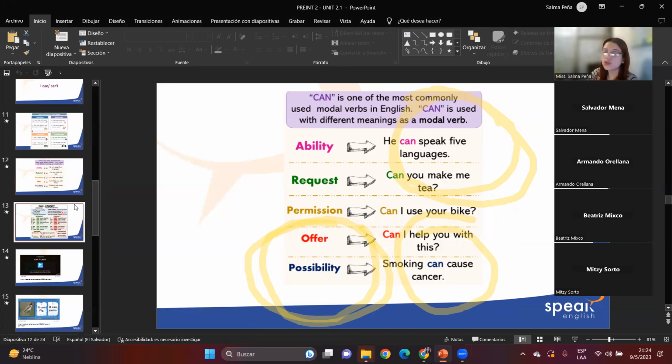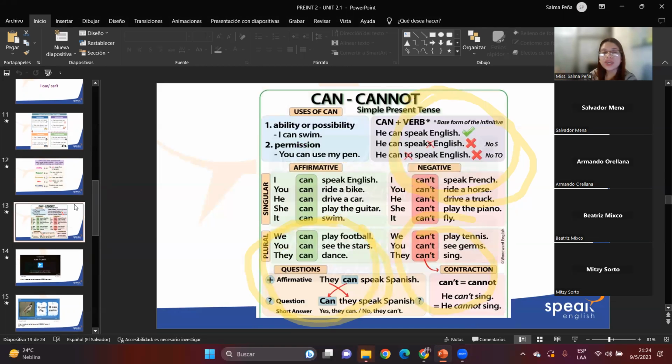So guys, and also of course, we can create the three types of sentence: affirmative, negative, and questions. If you use affirmative, you use can in all the structure. I can speak. If you say negative, I can't speak French. And if you have questions, you only switch the position.